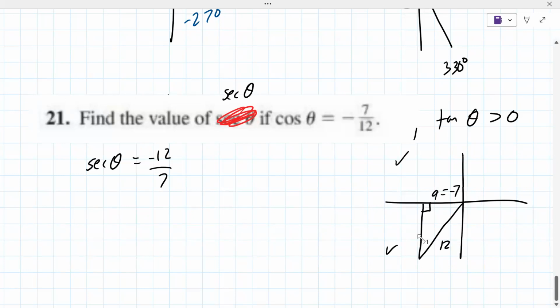Will you calculate B for us, please, using the Pythagorean theorem? Root 95.